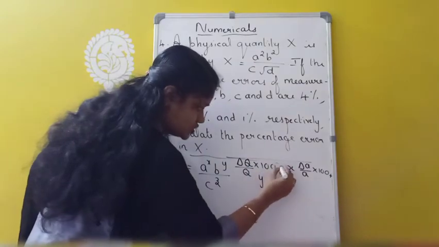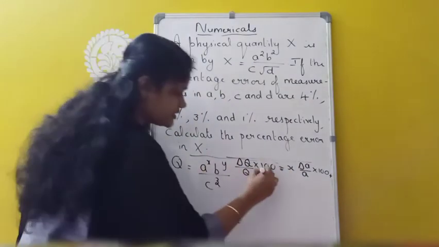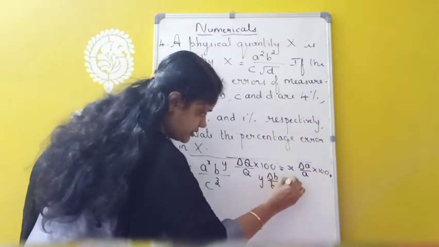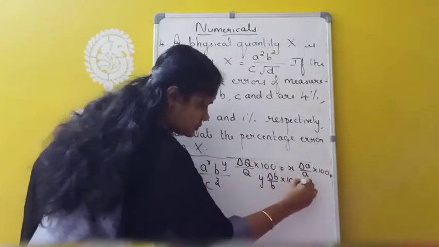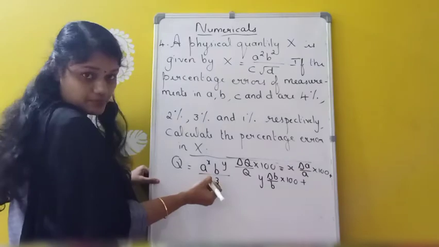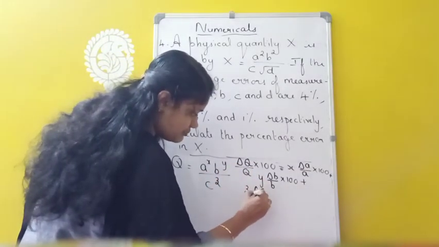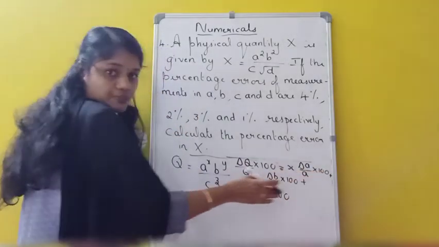Y. Y into percentage error in B, that means delta B by B into 100. Then again division, so we are putting plus only. So plus, what is the power here? Z. Z into delta C by C into 100. That means we are adding all the percentage errors.